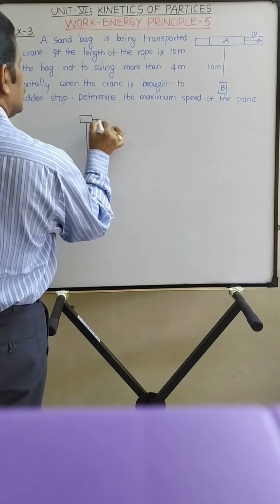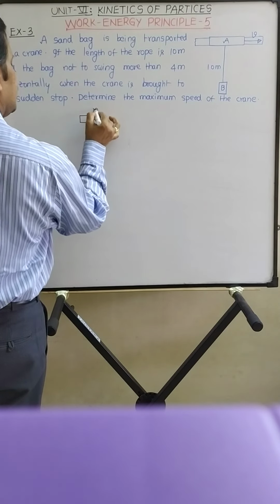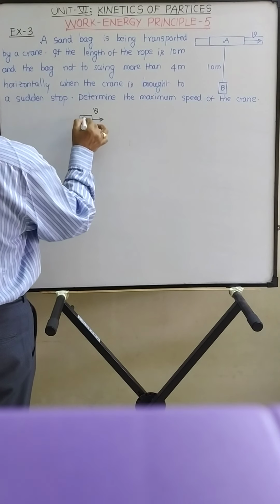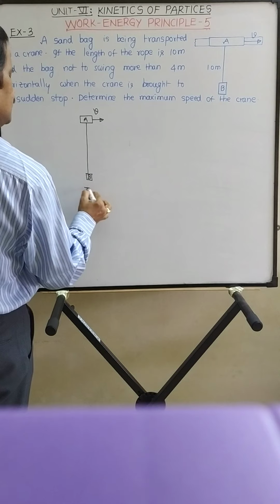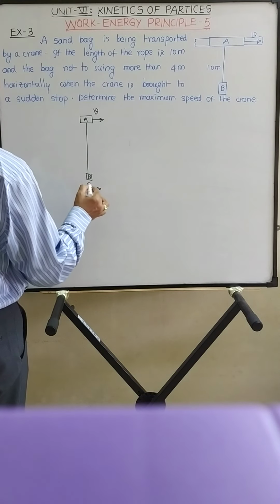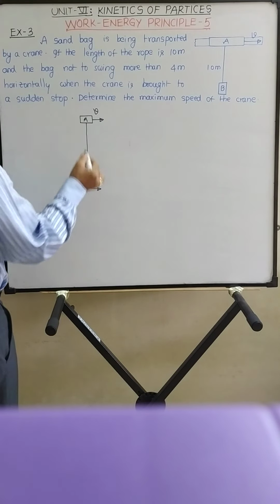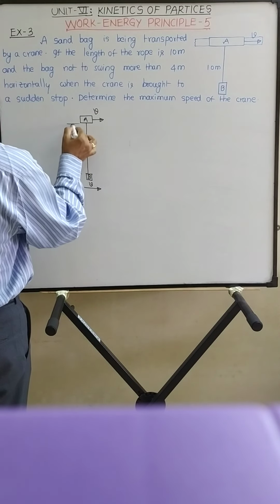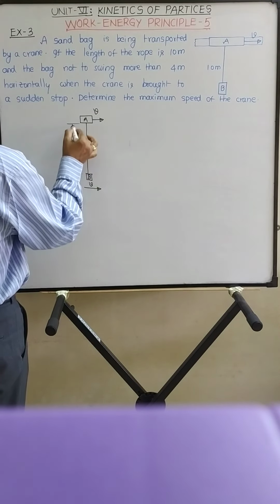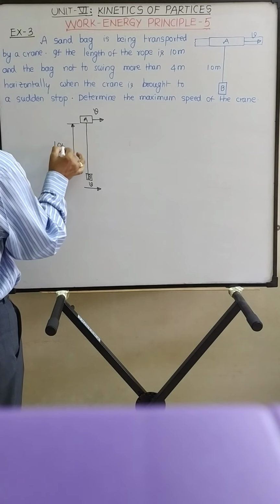So initially the crane is moving with velocity v. This is A, B. So the velocity of the sandbag is also v, same as that of the crane. And the length of the rope is given as 10 meters.